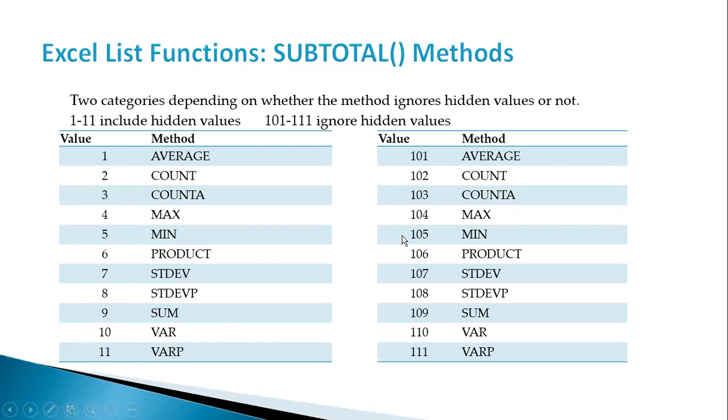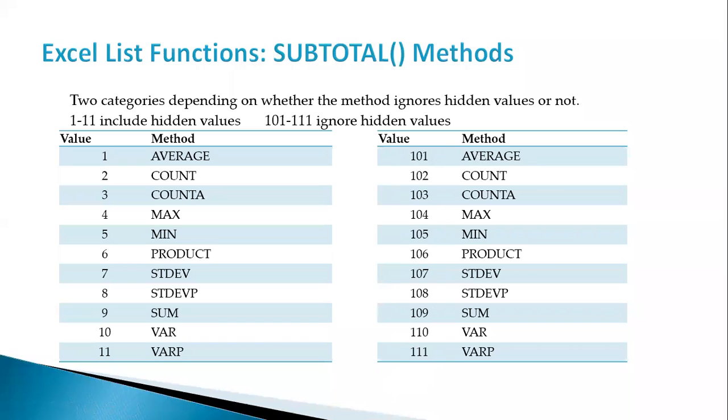And on the other hand, you have the methods that ignore hidden values. Therefore, if you use these methods and you have hidden certain columns, then those columns will not be used when calculating your subtotal. So if the method that you select is 101, which signifies average, then it will get the average using every other row apart from the ones that you have hidden.